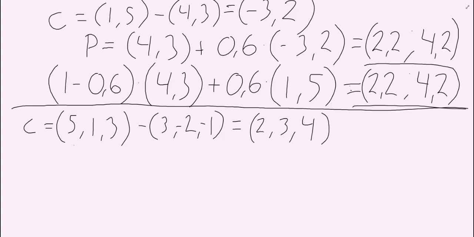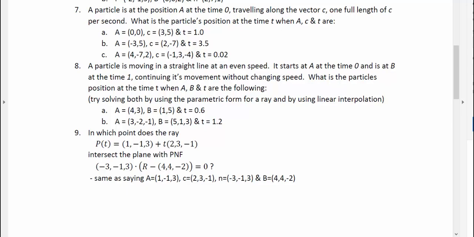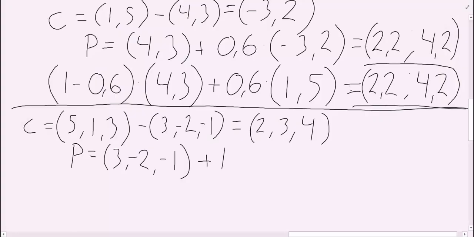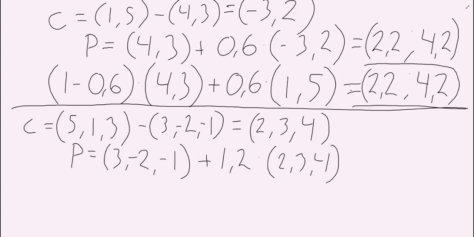Then we have p equals a, which is 3, minus 2, minus 1, plus t, which is 1.2 in this case, times the vector c, which is 2, 3, 4.